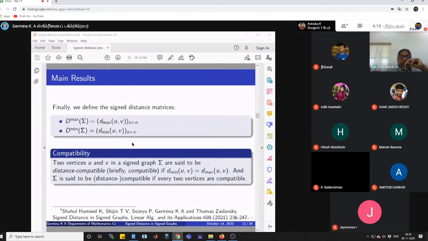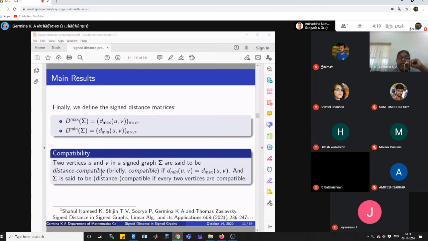Now we have to define another term called compactability. When do you say two vertices u and v in a signed graph sigma are distance compactable? Two vertices u and v in a signed graph sigma are said to be distance compactable if d min of uv equals d max of uv, and sigma is said to be distance compactable if every pair of vertices is compactable.